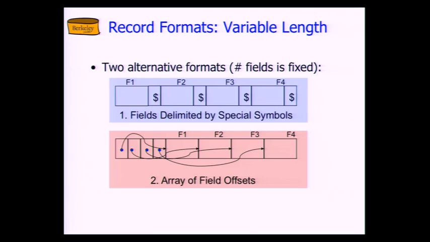There's a little bit of a bug in the slide. Without an end of record pointer or some higher level thing that tells you where the records are in this file, you can't figure out when F4 is done. In fact, that end of record pointer you're going to see lives here at this level. It's going to tell us where the tuples are and how long they are up in the page directory. So somehow, somewhere, you need to know the length of F4 or the length of the whole tuple. Good question.